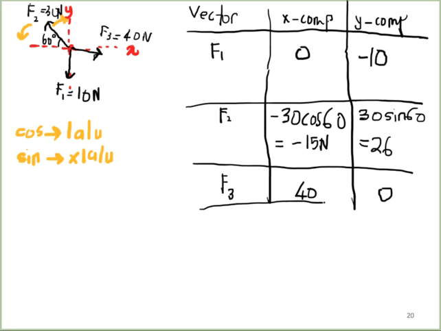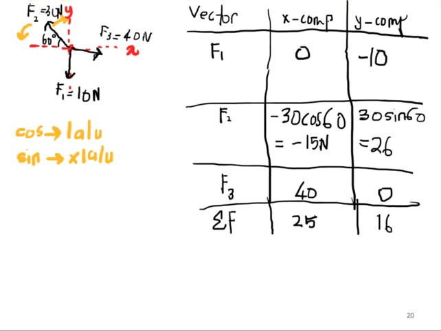The last part is the sum of F. We sum all the x components: 0 plus negative 15 plus 40, you will get 25. In the y component, negative 10 plus 26 plus 0, you will get 16.